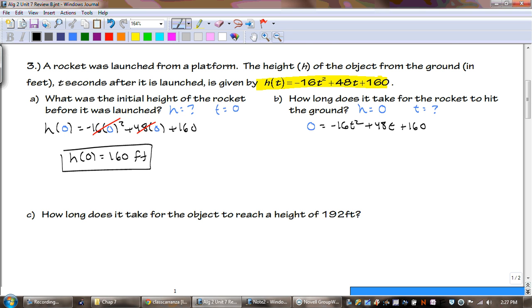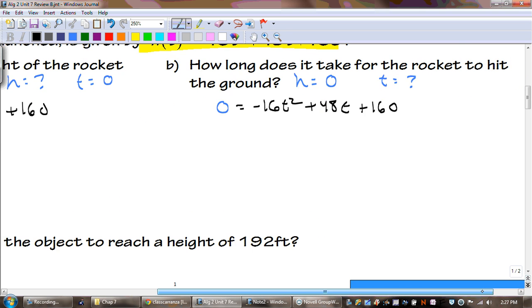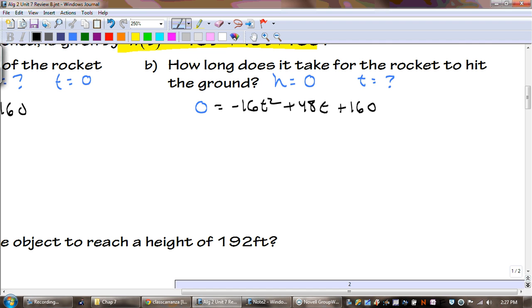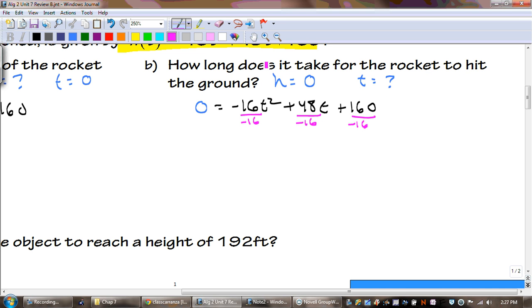Okay? We can do this. So remember, always ask yourself, is there a GCF? Make sure it's the greatest common factor, guys. Okay, it's a negative 16 that you can factor out of here. So that negative 16 comes out front, and we're left with t squared minus 3t minus 10.